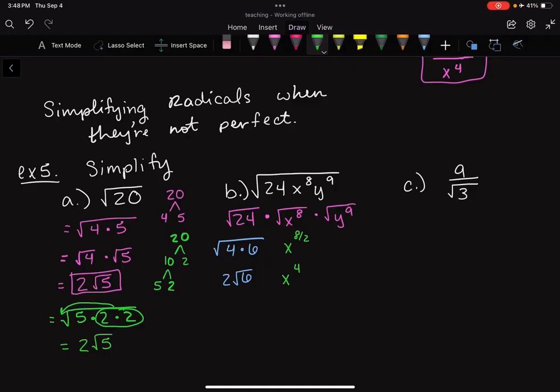Now y to the 9th is actually a little bit harder to work with. The reason is because 9 does not divide by 2. So me writing this as y to the 9 over 2 doesn't help me at all. So we actually have to be a little strategic here.